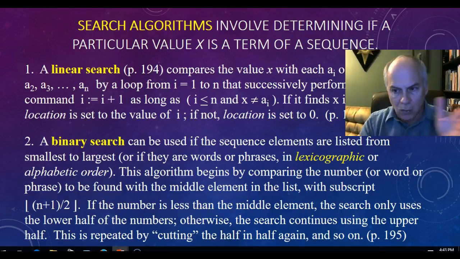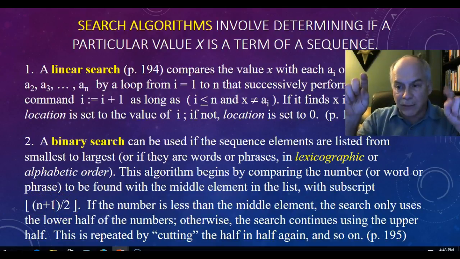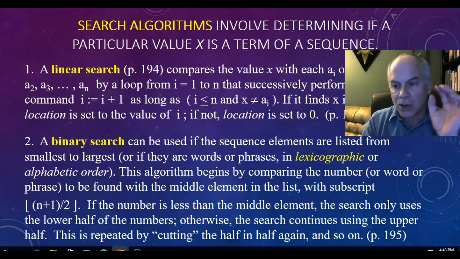So it finds the middle number, and the subscript for that middle number would be the floor of (n plus 1) divided by 2.